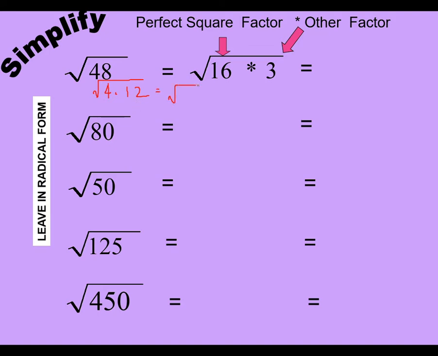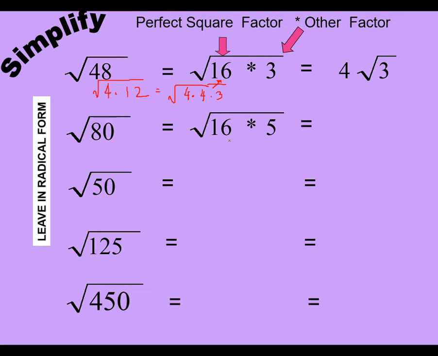Diba? Siya ay 4 times 4 times 3. Diba? 4 times 3. So, ang 4 times 4 is 16. So, dito pa rin kayo mag-e-end sa 16. Square root of 16 for square root of 3.